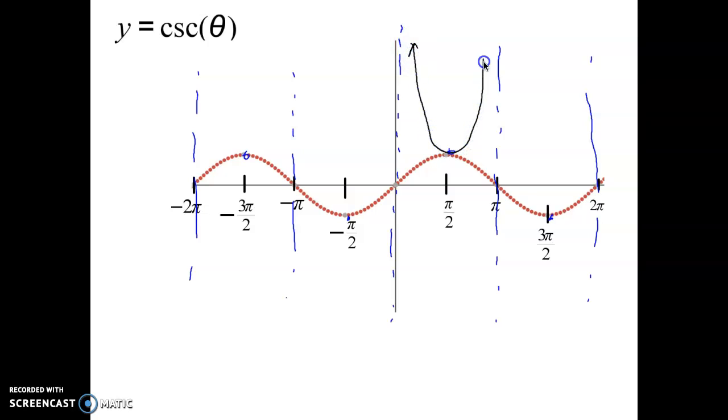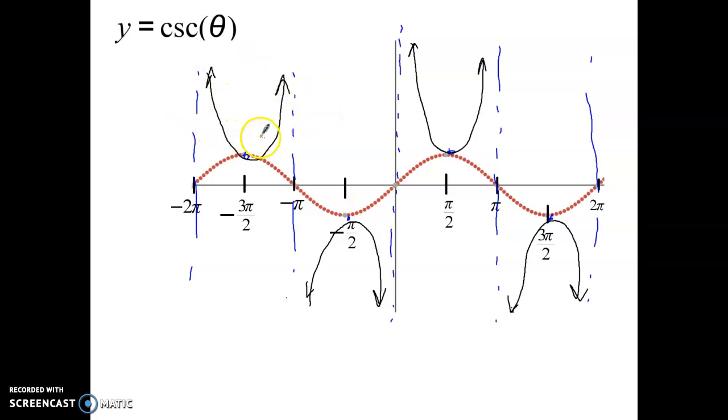Remember how we said secant and sine and cosine are the same graph, just shifted a little bit. So the same is going to be true for secant and cosecant. They're the same graph, they're just shifted pi over 2 radians to the side. So here's what the graph of cosecant is going to look like. It's going to have those asymptotes, it's going to have those points where they connect, and it's going to have those flipped upside down bowls going towards -infinity or +infinity, depending on which side we're on.